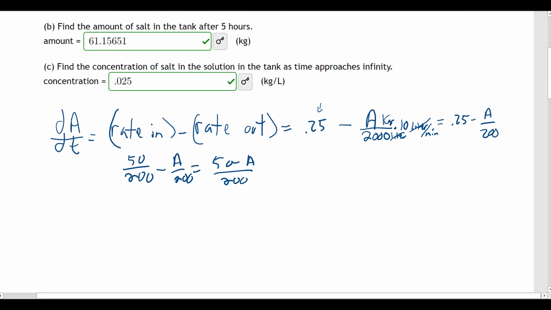So our differential equation is dA/dt equals 50 minus A over 200.